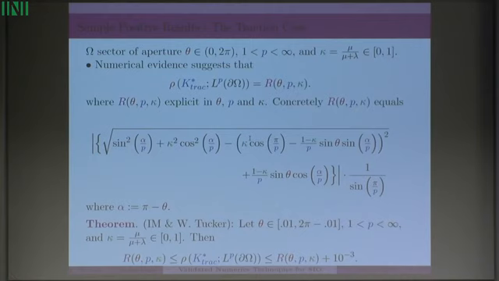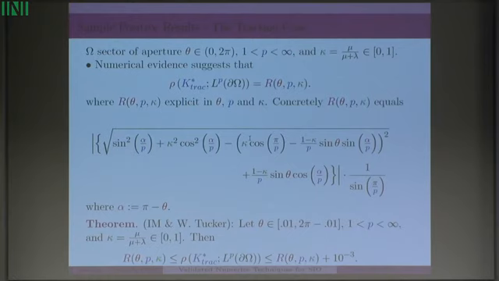The numerical evidence suggests that the spectral radius has a particular formula that depends on the angle, on the integrability index, and on a particular combination of the Lamé moduli that appear in the writing of the system. And that's what the spectral formula should be.